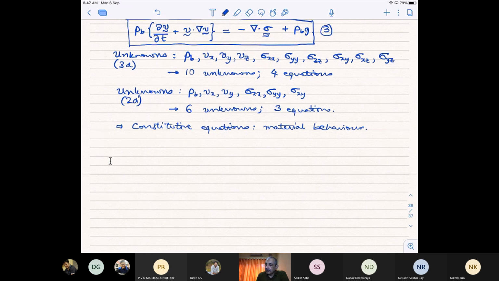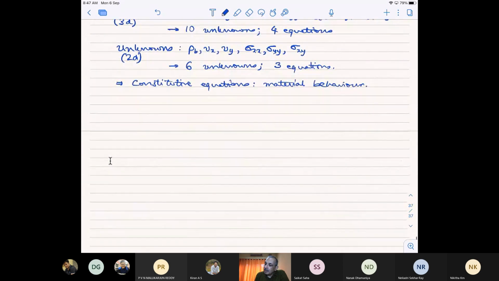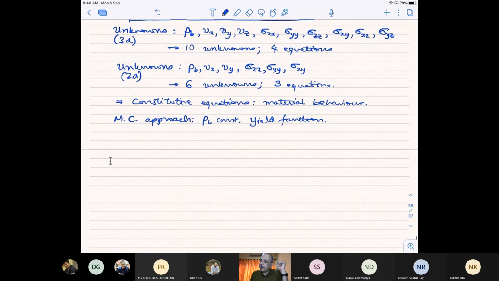For granular materials, we need a different set of constitutive equations, and one approach, and that's what I'm going to start with, is, let's say, if we look at the Mohr Coulomb approach, then you have rho b is constant, so that variable goes away, so you have one less unknown, and then you will have a yield function which will give you the additional equation that you require.